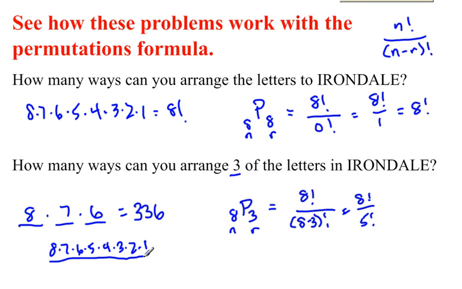And on the bottom, the 5 factorial basically divides out all the choices we're not going to use. Since we're only picking 3, we're not going to use these, and these all cancel. And there we go. We get that same answer of 336. And you could put 8 factorial divided by 5 factorial in your calculator.